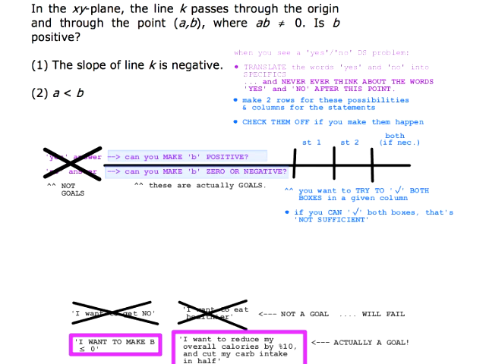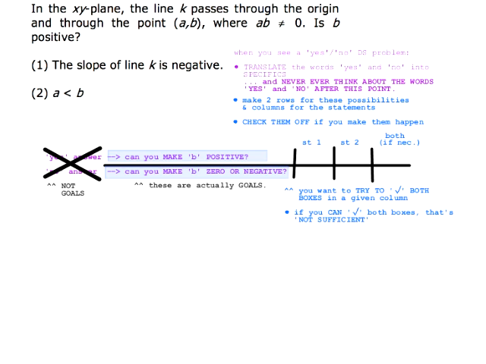So, statement one, we know that we have a line that goes through the origin, which is 0, 0, and its slope is negative. And that's basically all we know. And then remember that A, B is any point except 0, 0.